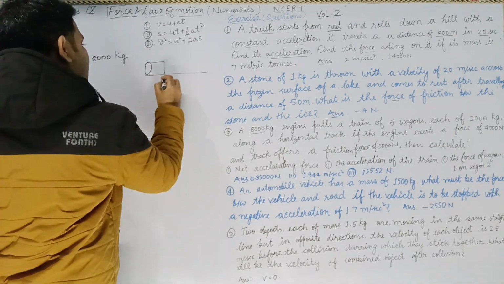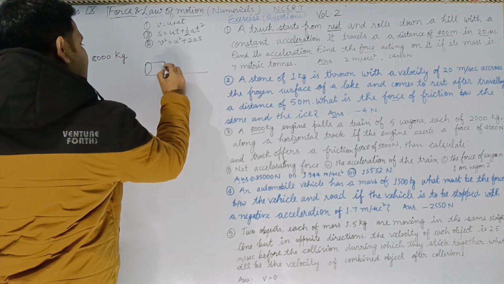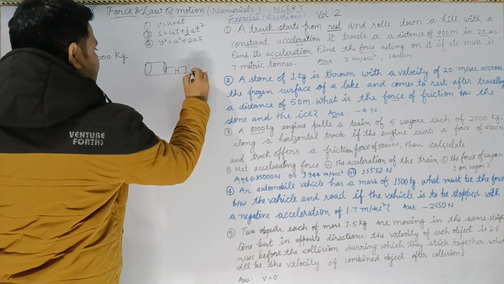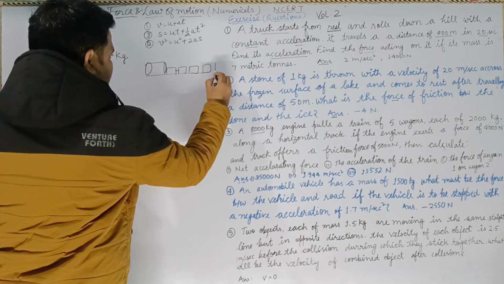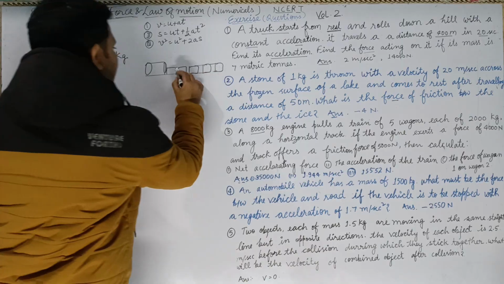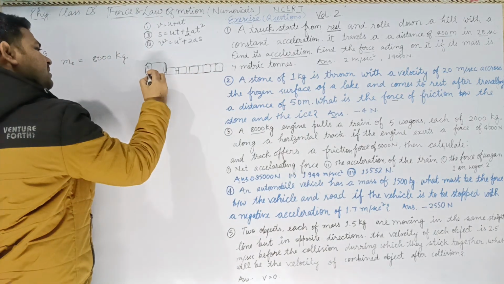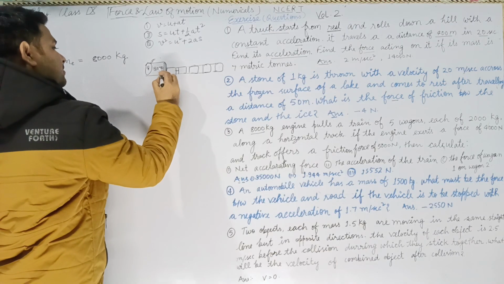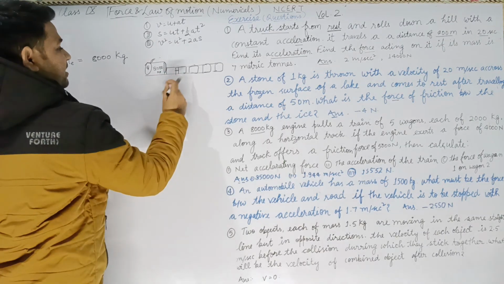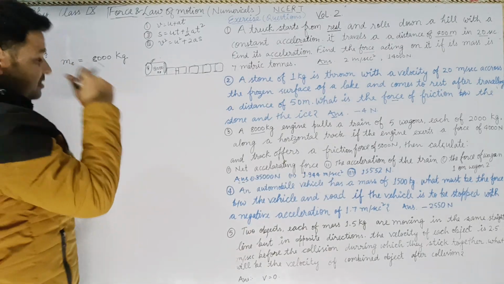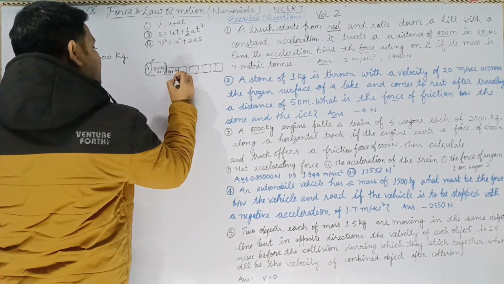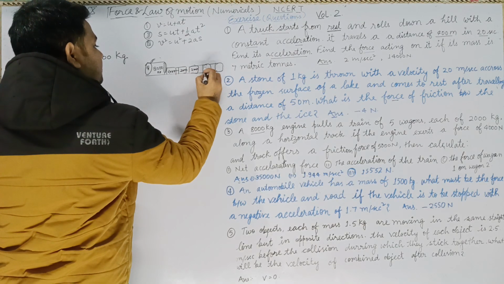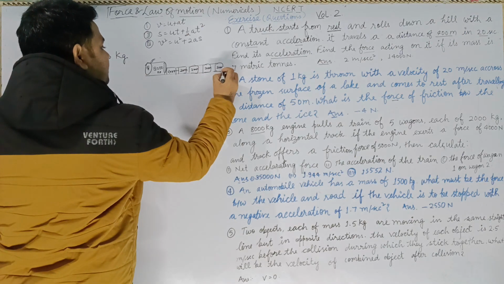The mass of the engine is 8000 kilogram and the mass of each wagon is 2000 kilogram, 2000 kilogram and so on for each wagon.